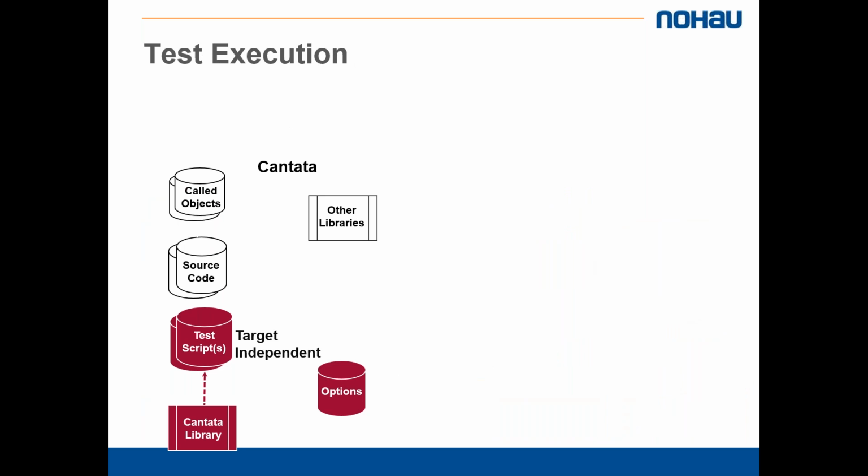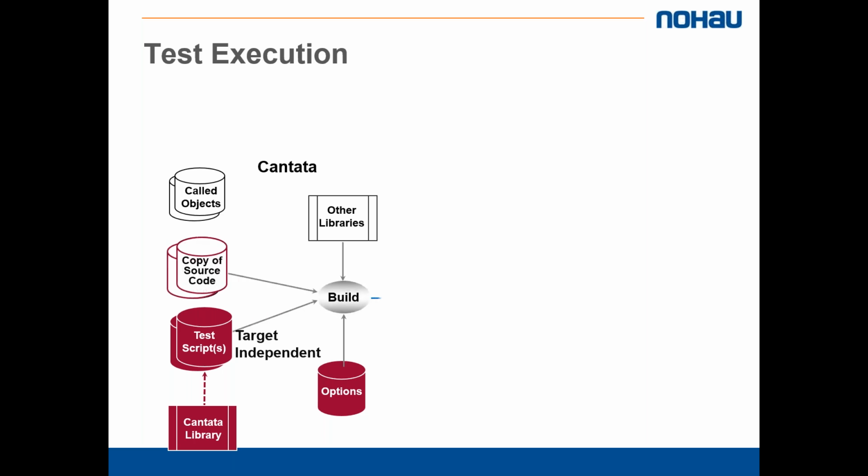To move a bit further, let me show you how the general test execution works. We have the software under test, our source code with the units that we want to test and exercise. If you have code coverage requirements or something else you need to instrument, you get a copy of that source code.